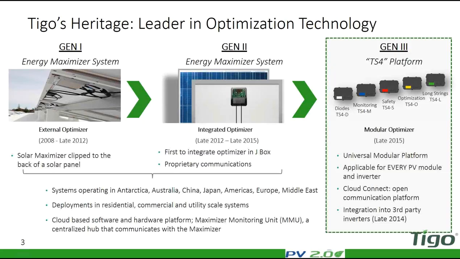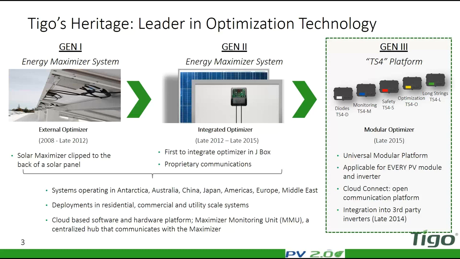So, a brief historical overview. Most people still know Tigo as an optimizer company. If we look at the left-hand side of the picture, we started the company around late 2007.